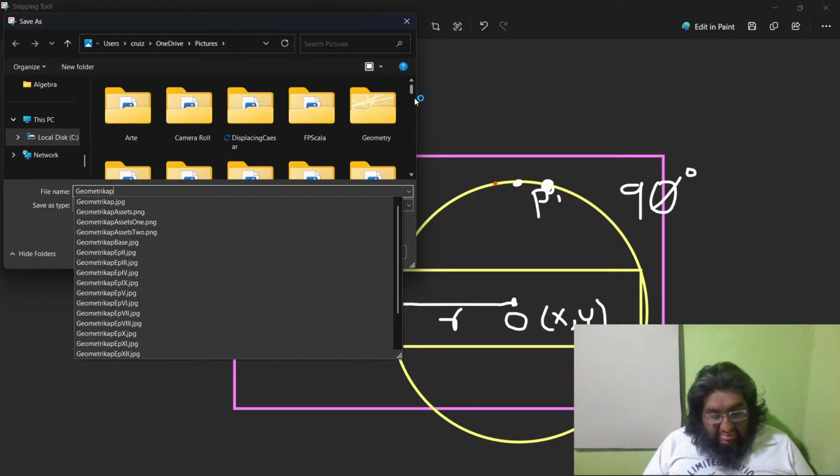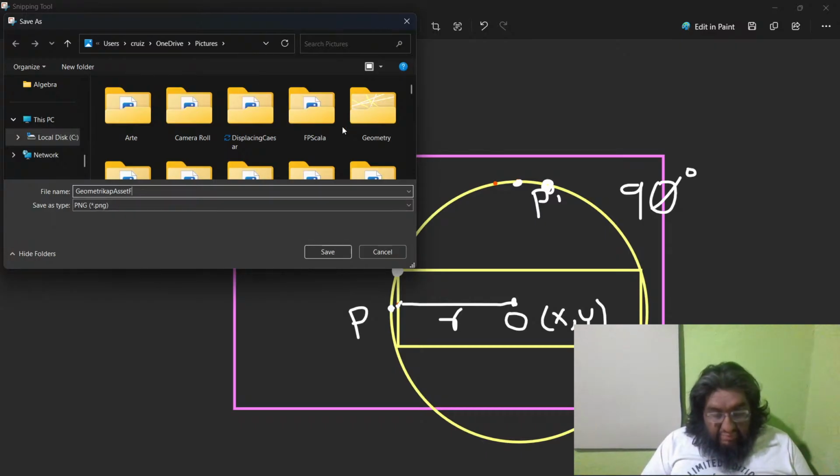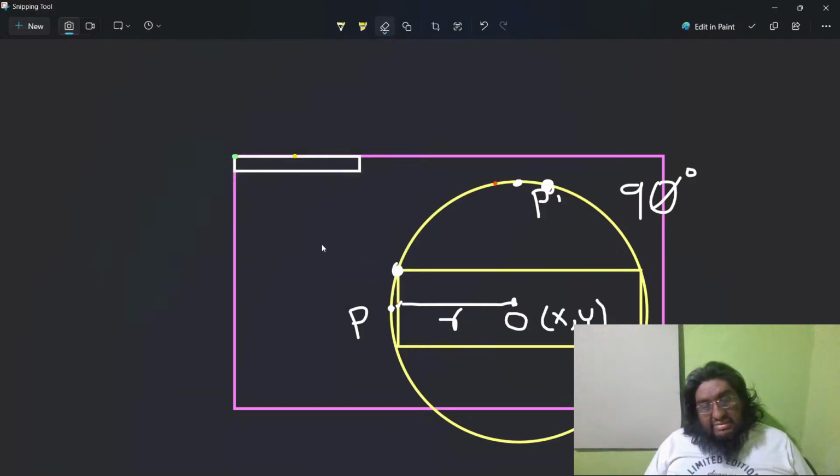Geometry assets. Therefore, there are some existing assets. So we have the problem. We are going to take a look at the book and then some other trigonometry book, maybe some algebra books.